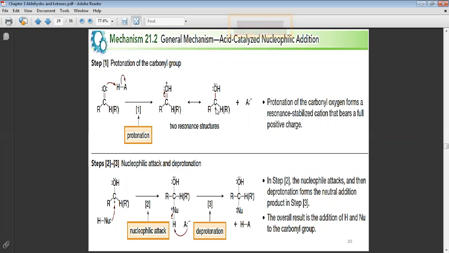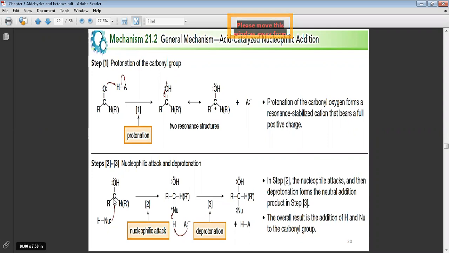A full positive charge is easy; the nucleophile can attack the full positive charge, because this is a very strong electrophile, easy to attack by the neutral nucleophile. The neutral nucleophile attacks the full positive charge, the carbocation here, carbocation, sorry, not anion.